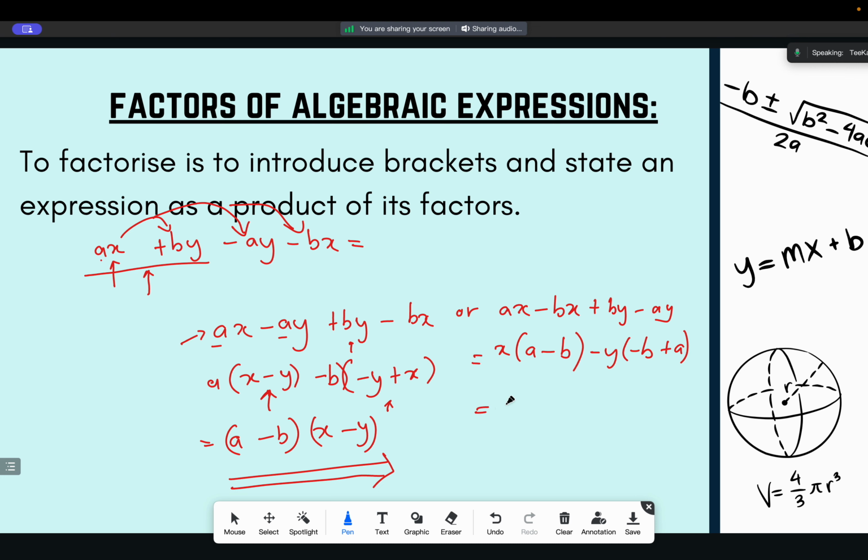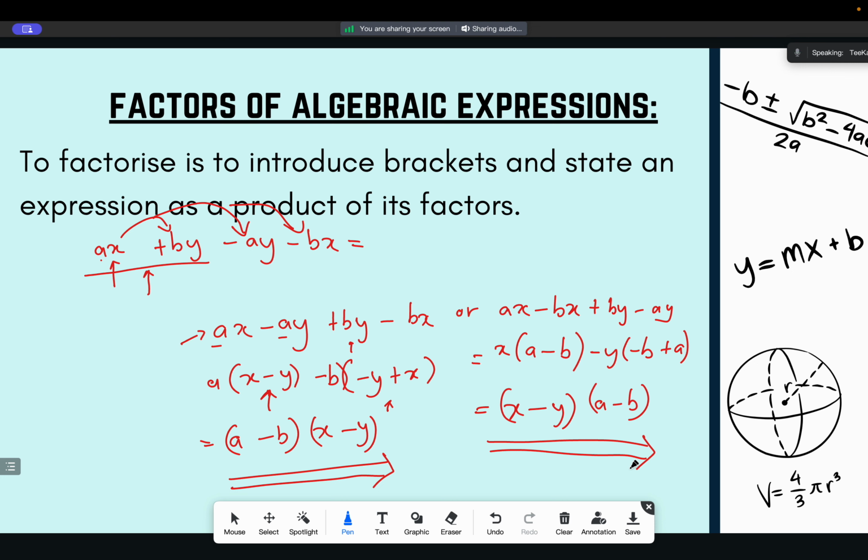If we solve it more, we have x minus y and a minus b. And you can see that our answers are the same, even though we used different vectors. So that's it. You can rearrange, and solve it the way you like, and you come out to an answer.